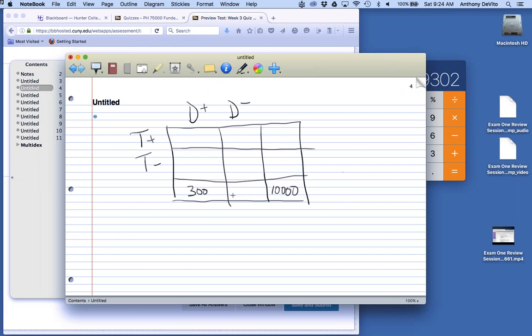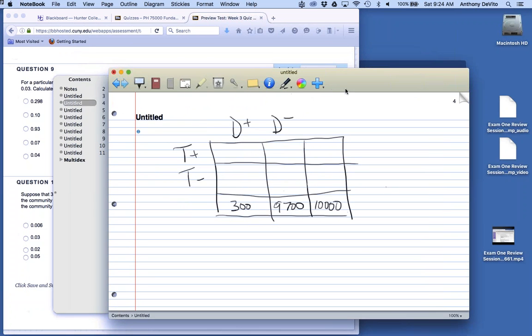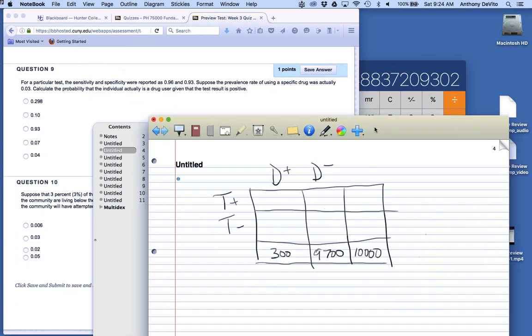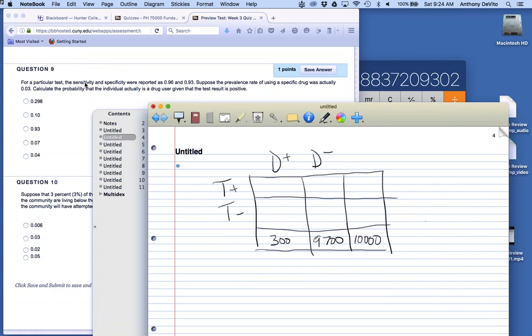What percentage are not drug users? Well, it would be the difference, right? It would be 9,700 who are not drug users. Okay, so now let's take a look at those 300 drug users. The sensitivity of my test describes how accurate the test is at detecting people that are using the drug.